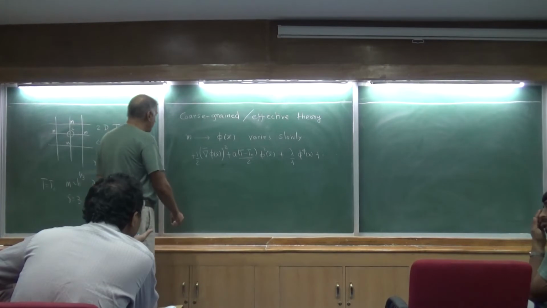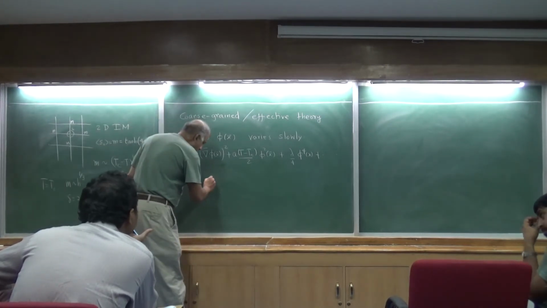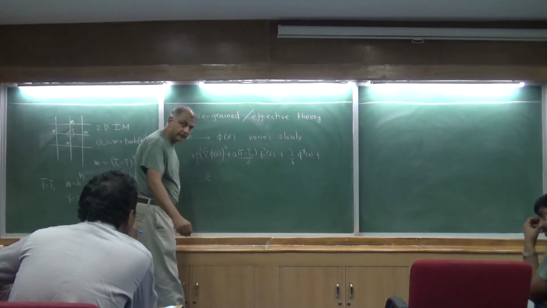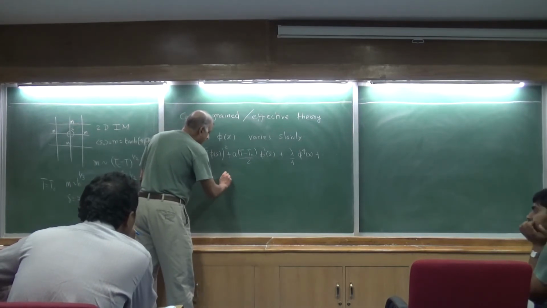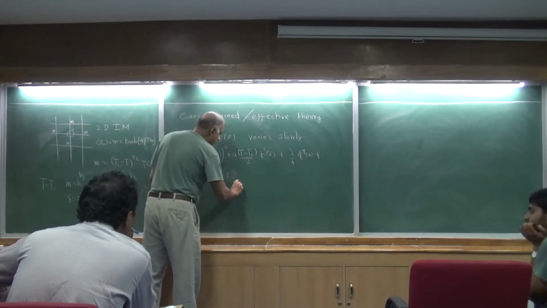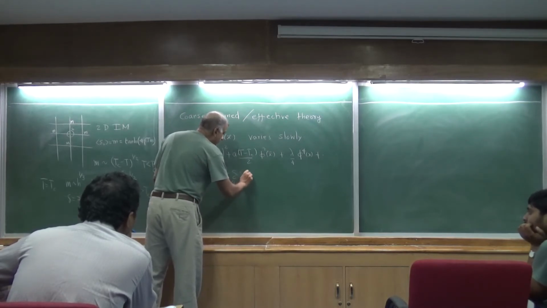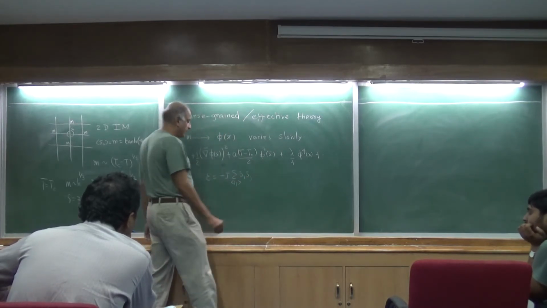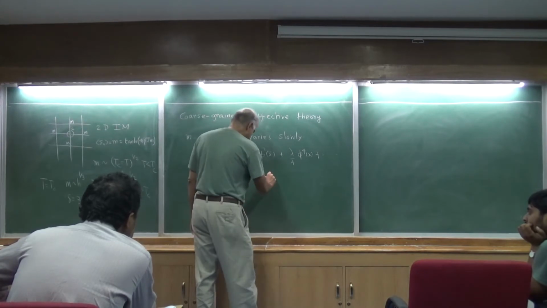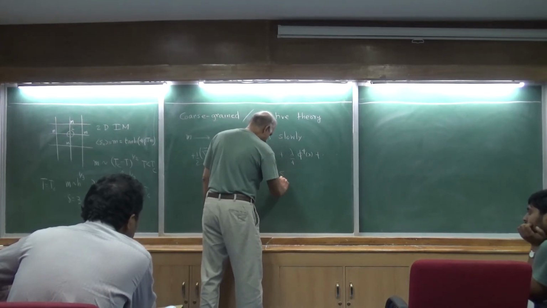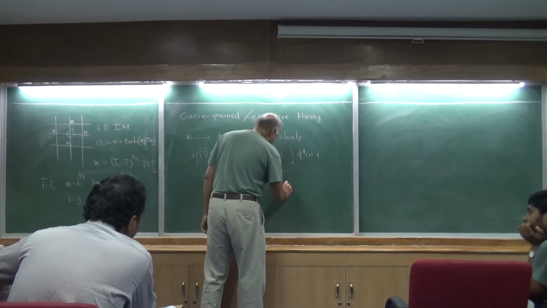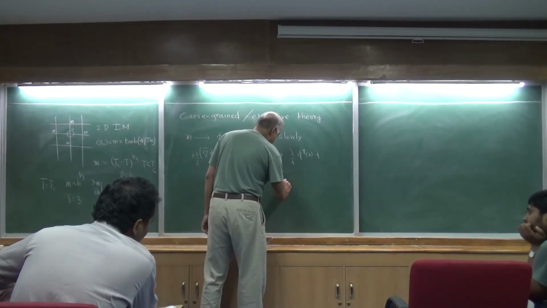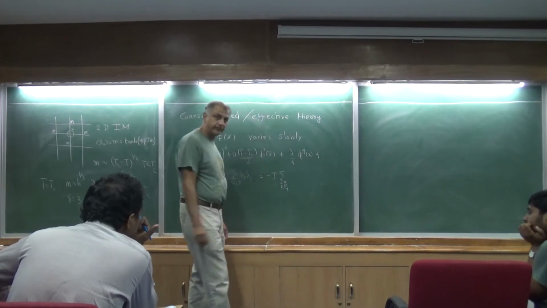So remember that the original energy functional was really something that looks like minus J sum over nearest neighbors S_i S_j. Let me write it a bit more explicitly. I will write it as minus J sum over position vectors R and what I will call direction vectors e_i.